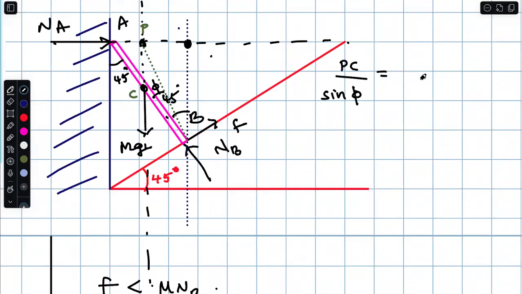Sin phi is equal to BC by... no. You know only one thing. This is 45. This is 135 degrees. Sin 135 degrees.